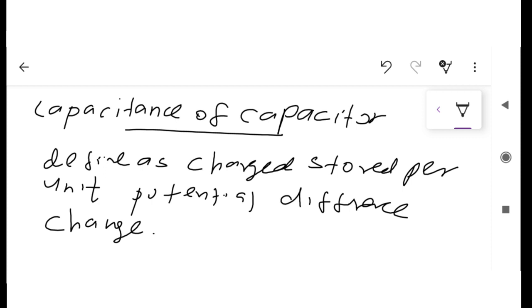Because here we have this stored charge and its change in potential difference, we can identify how the capacitance of the capacitor changes. Okay, this is defined as the charge stored per unit potential difference change.